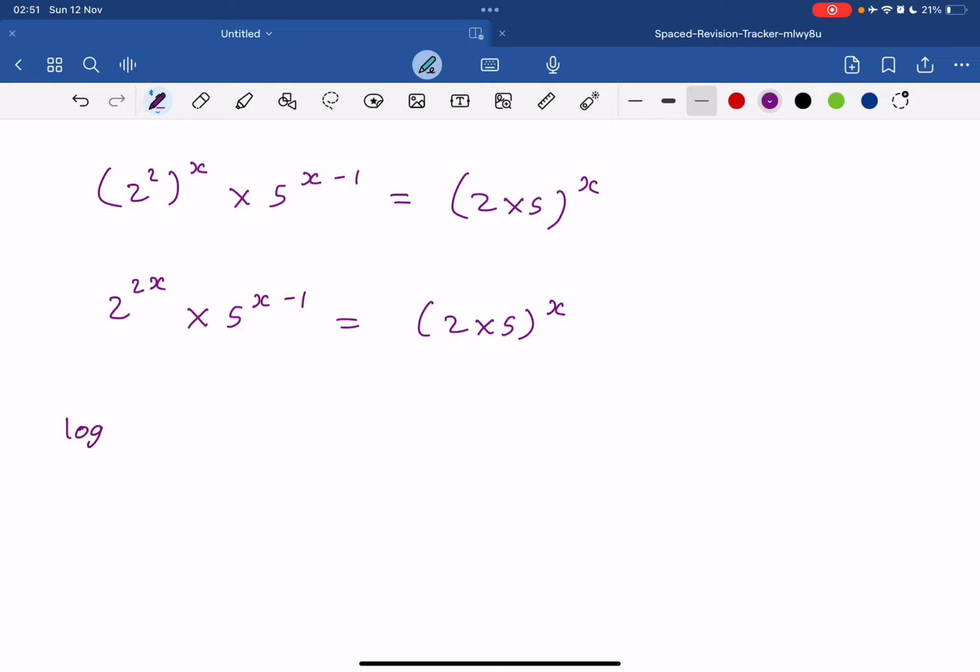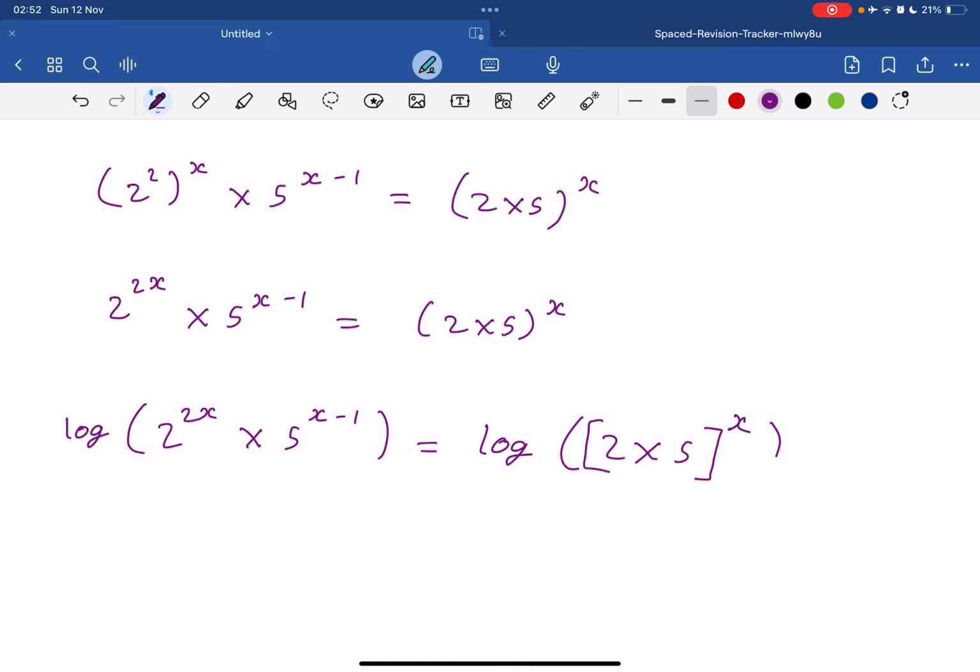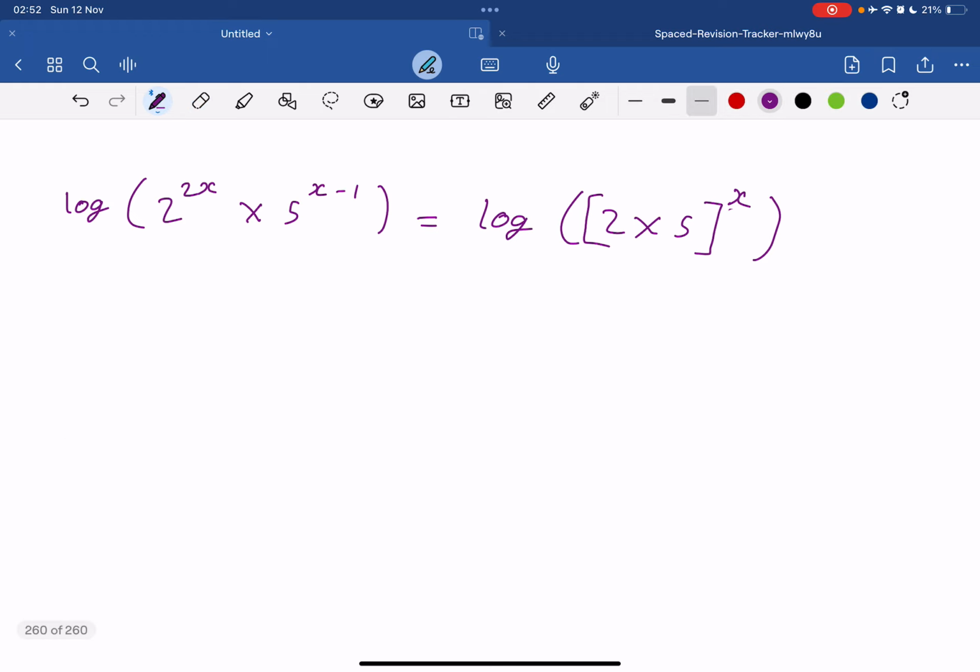So log 2 to the power of 2x times 5 to the power of x minus 1 equals log 2 times 5. I'll put square brackets to emphasize that the power of x is to 2 times 5, the whole thing, like that. Now, this is where I can use my log laws to really simplify this process.